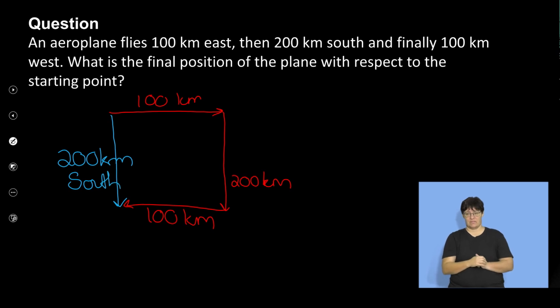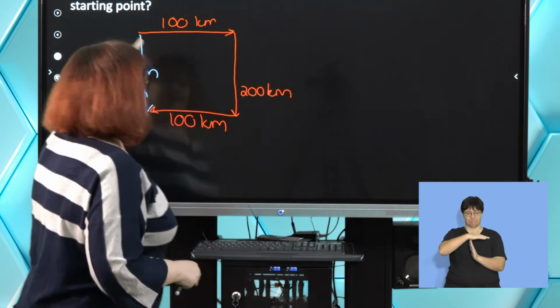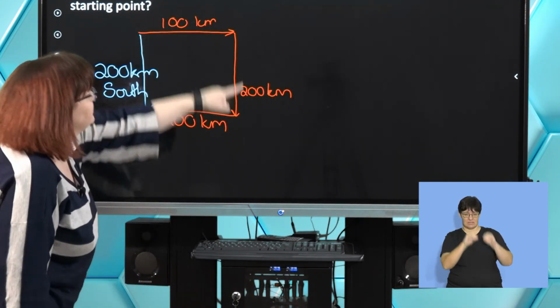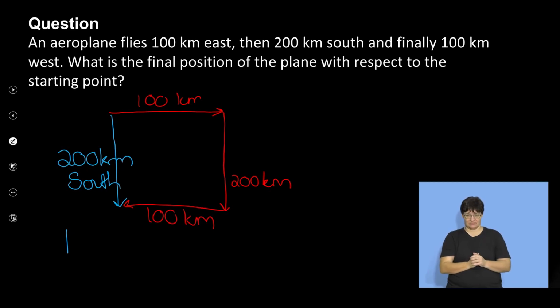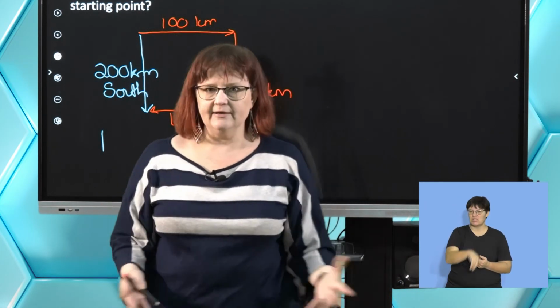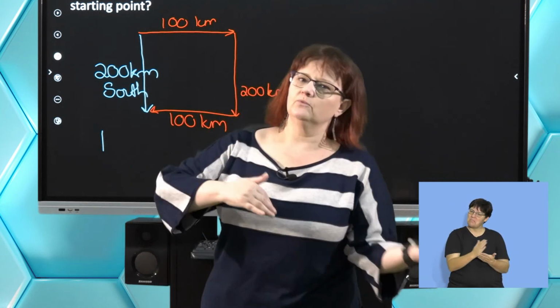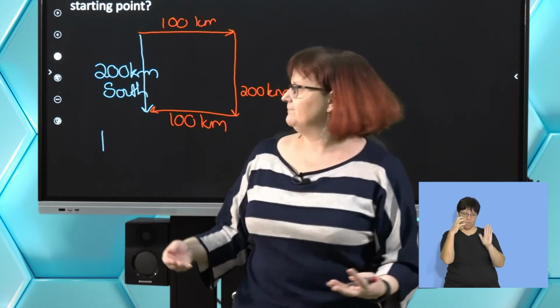I can't calculate this with positives and negatives because we went at right angles to each other. But I can still get the displacement because it's a nice diagram. Okay? It's something that we can look at. It's geometry. It's things you've done before. They're not trying to trick you with something like this. I just need you to see that sometimes we can't just add them. We have to actually draw a diagram for them, okay?